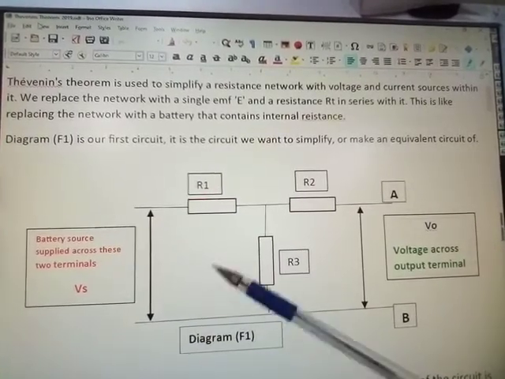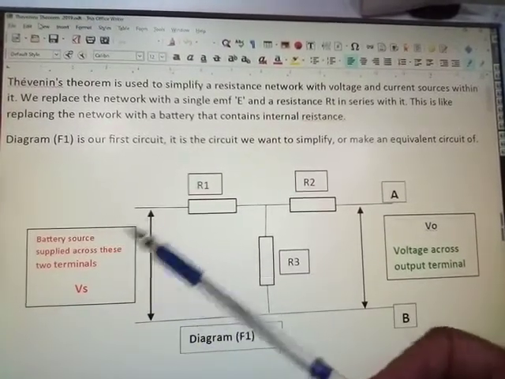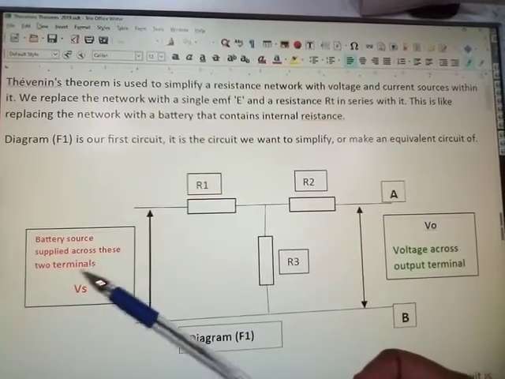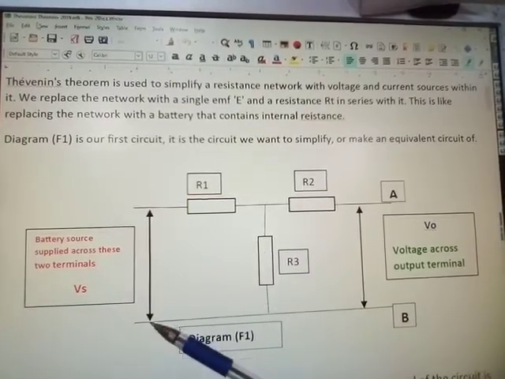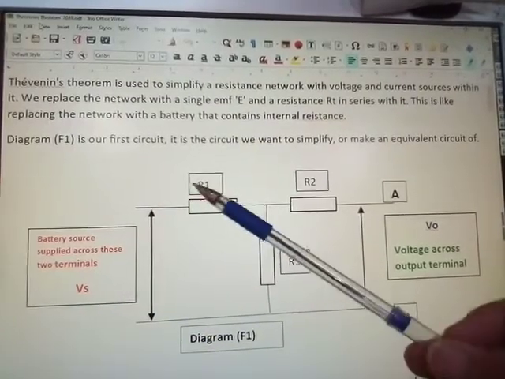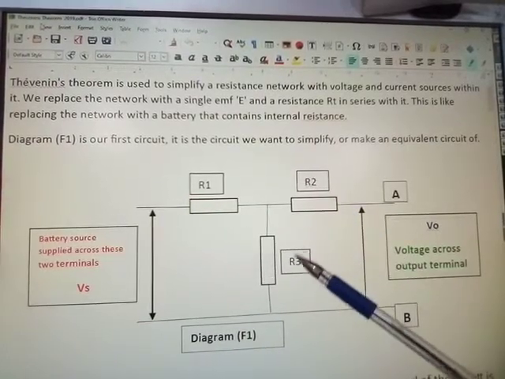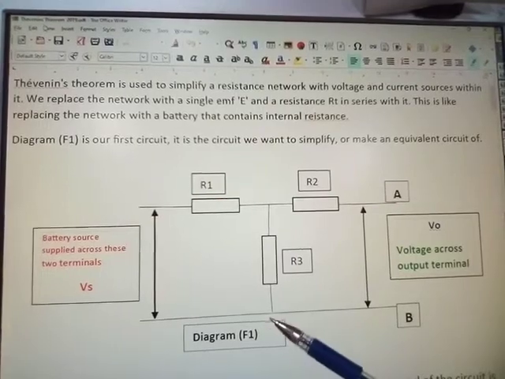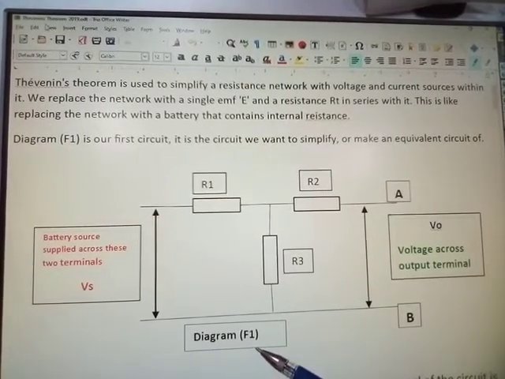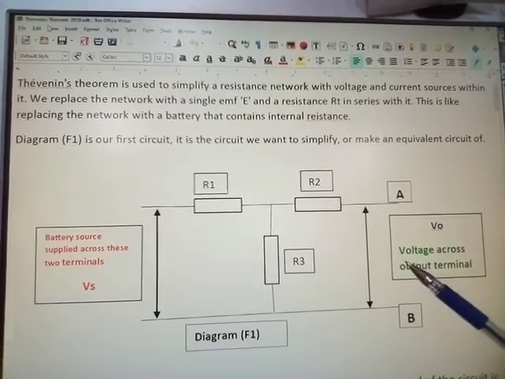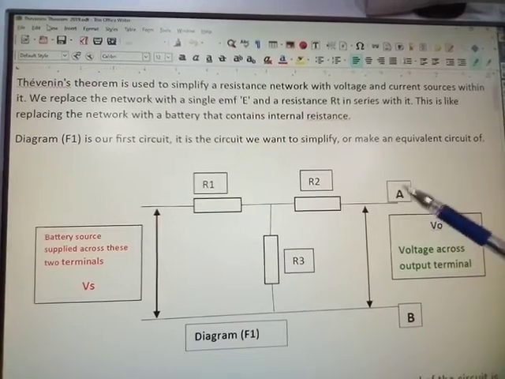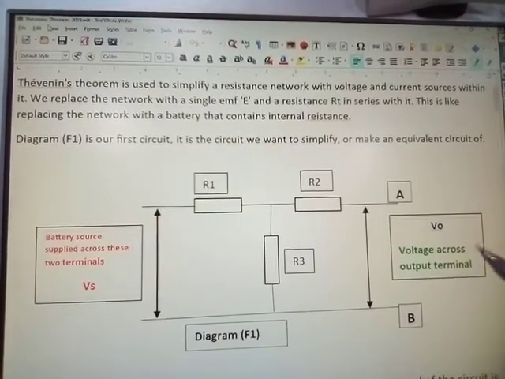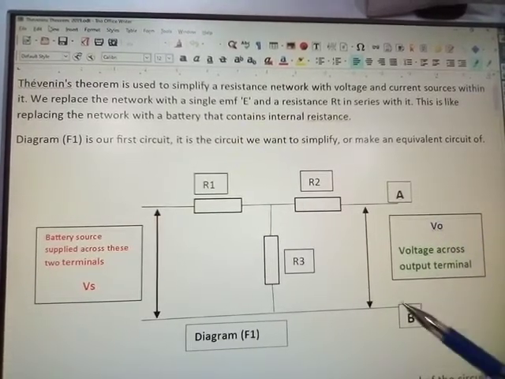And here we have diagram F1. Battery source supplied across these two terminals, Vs. We have R1, R2, R3. V out, the voltage across the output terminals, is A and B, and that's what we need to bear in mind.